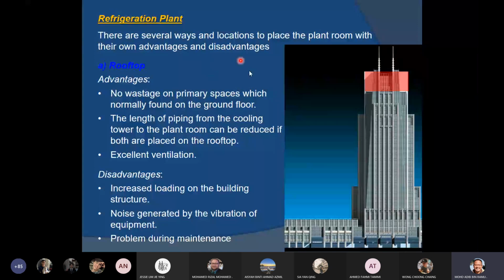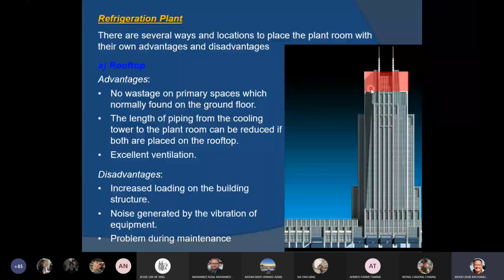First, if you want to put the plant room, everything like the plant room and cooling tower, on the rooftop, you can do that. The advantage is that there's no wastage of primary spaces, which are normally found on the ground floor. On the ground floor, especially for a commercial building, the rental rate is much higher compared to the top floor, and the spaces are bigger.